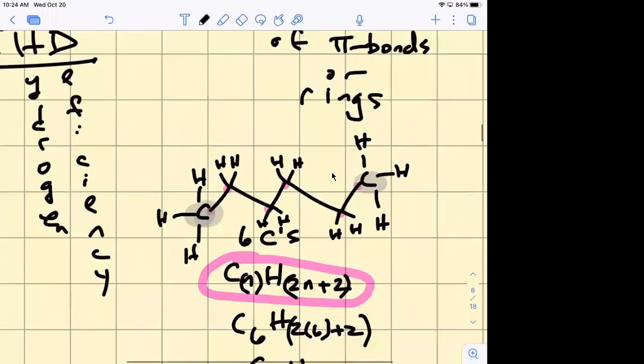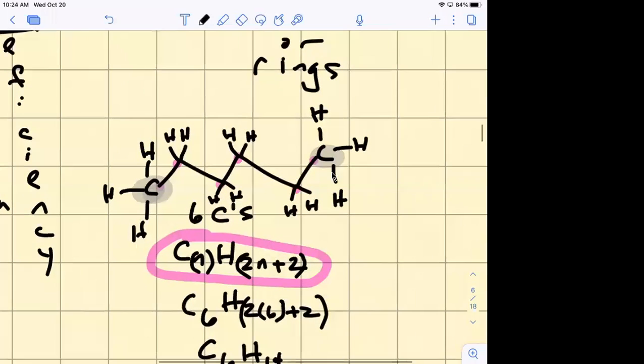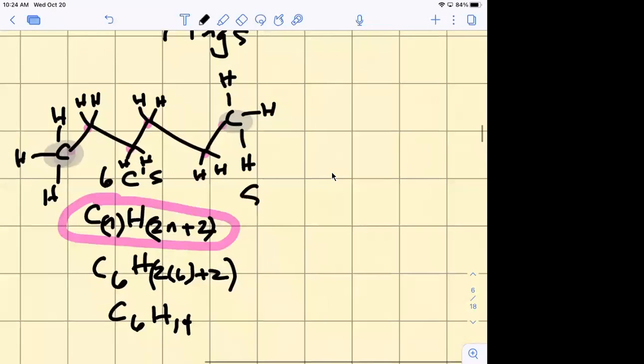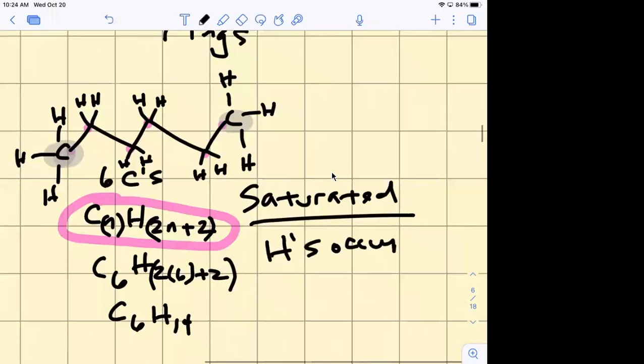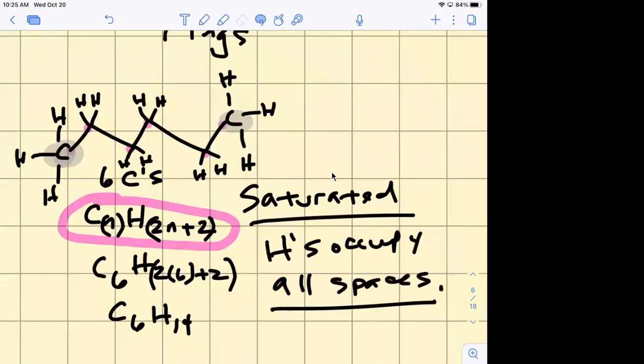So this chain is what we call saturated. All the spaces on carbon are occupied by hydrogens.